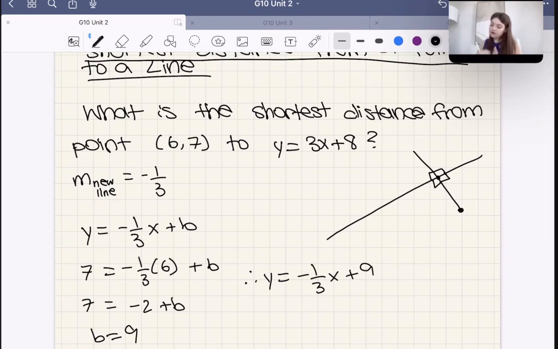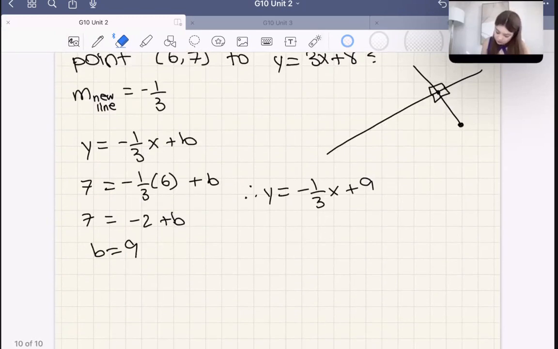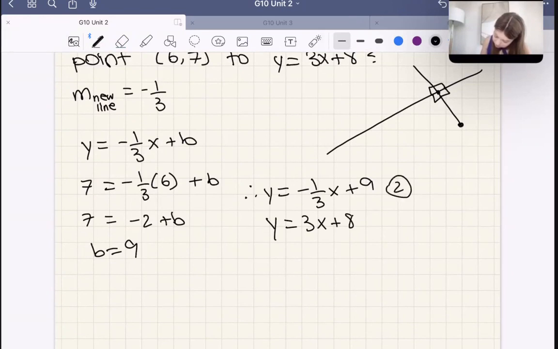Okay, so now in order to find the new point, we need to figure out at which point these two lines intersect. And this is actually material we learned last unit when we talked about substitution and elimination. So I'm going to call this equation 1, the original equation we have, and this equation 2.